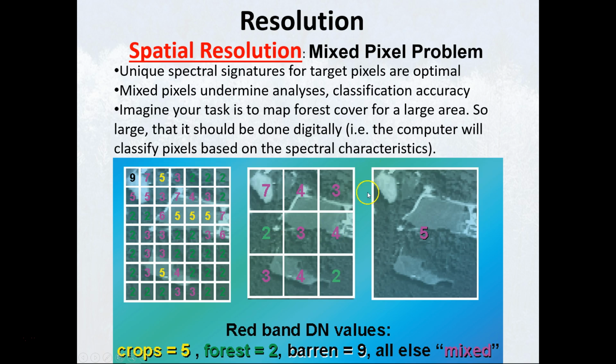And finally, in our largest pixel size here, it's simply classified as mixed. You have multiple land cover types here contributing to the overall spectral characteristics, which, with your brightness values averaged over these land cover types, would no longer be considered classified as forest.